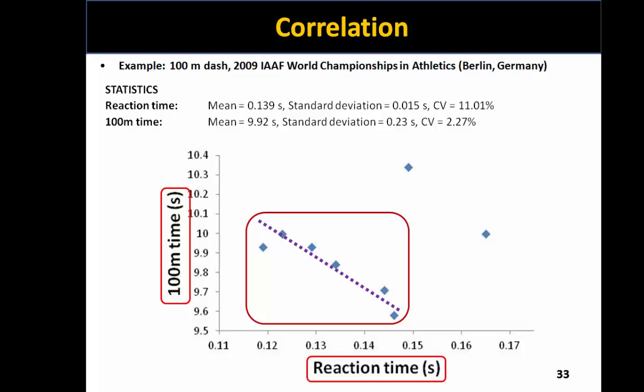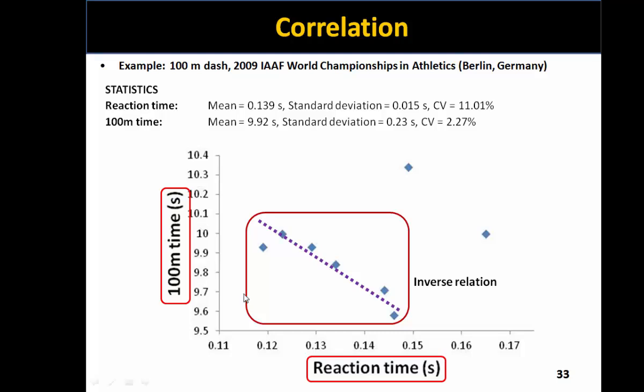And we also see that these data here are fairly close to the line of best fit. And so this would reveal for the majority of the runners in that race, there's an inverse relationship.